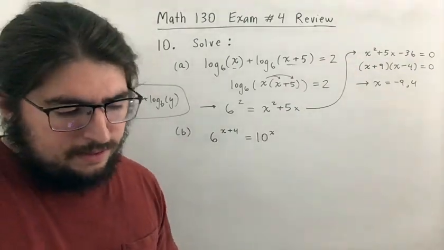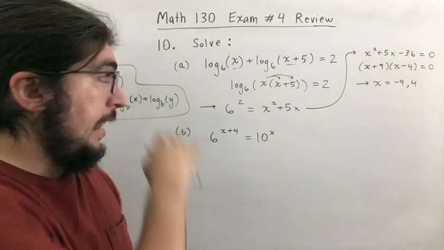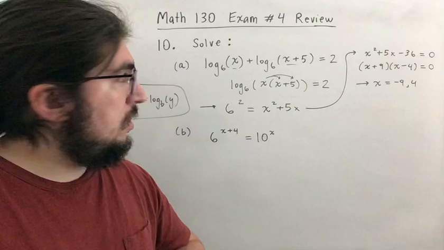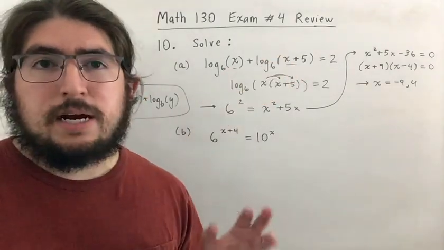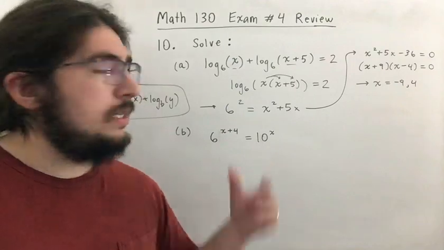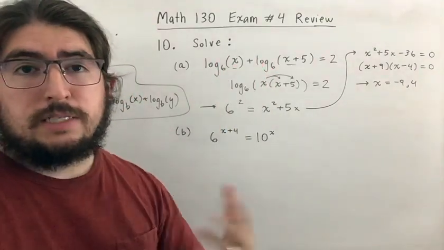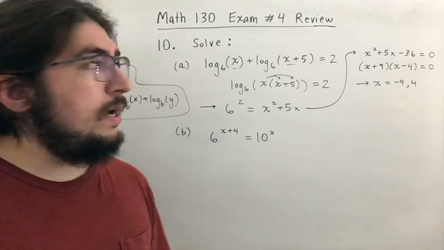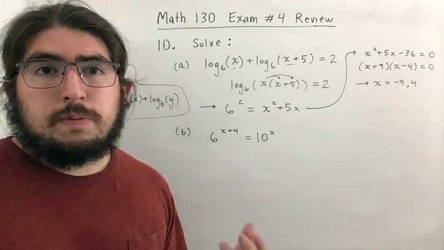Now, one of the biggest tricky spots here with 10a is that these logarithms cannot have negative insides. Any logarithm cannot have a negative inside because the base is positive, right, because our bases are always, again, positive and not equal to 1, and a positive number to any power will be positive.